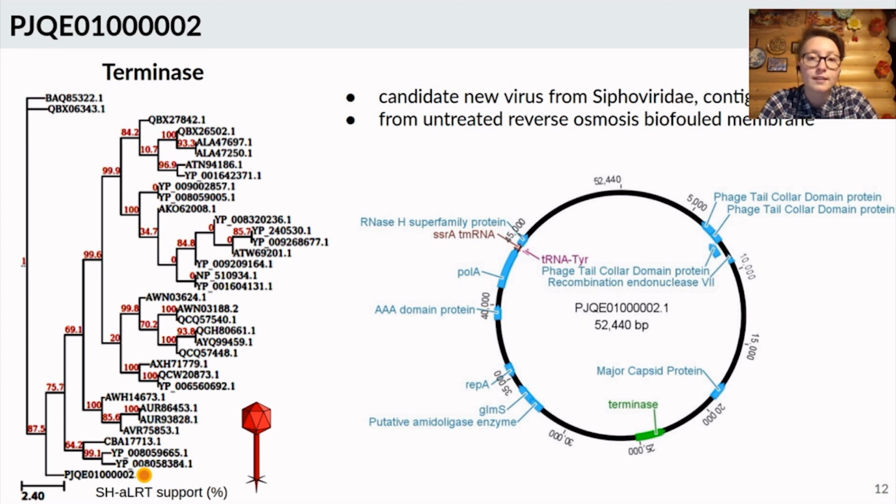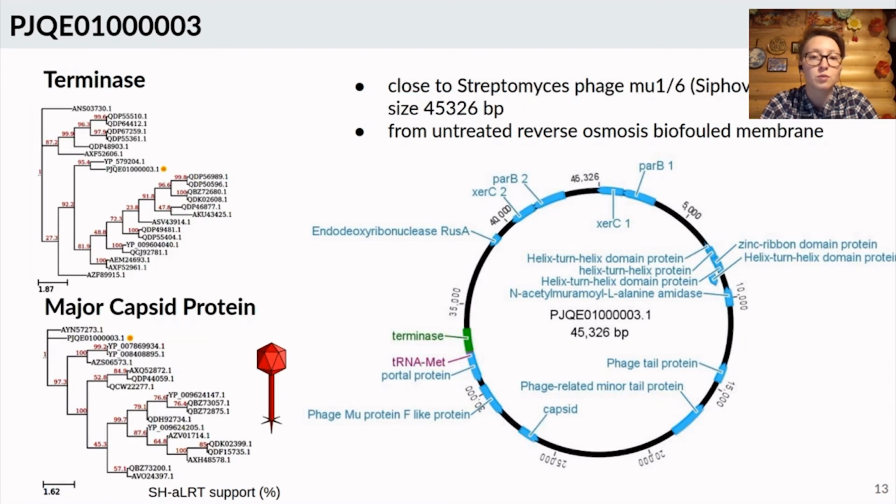A newly detected virus, marked by an orange point, from an untreated reverse osmosis membrane biofilm, forms a distinct branch in the Cipangovirida tree. The next virus, extracted from the same setting, demonstrates discordant phylogenetic signal depending on the analyzed genes, terminase at the top and major capsid protein at the bottom.